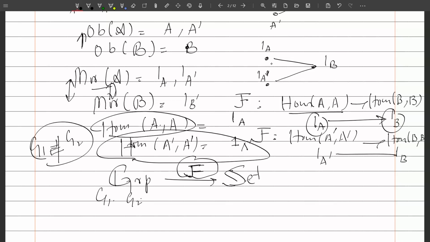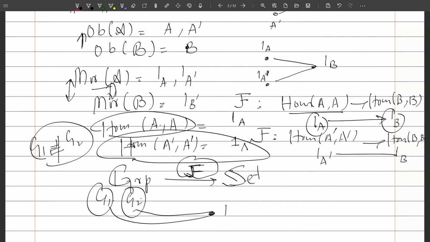But as sets, since we are saying that G1 and G2 have same underlying set, this functor takes these two distinct objects to one object, because it forgets their group structure. So when we drop the group structure of G1 and G2, we are left with a set.